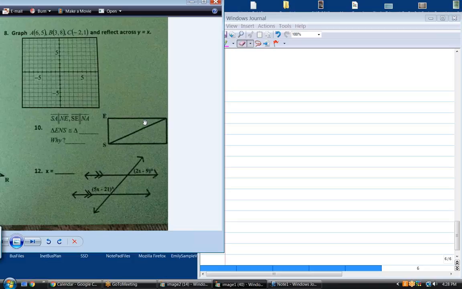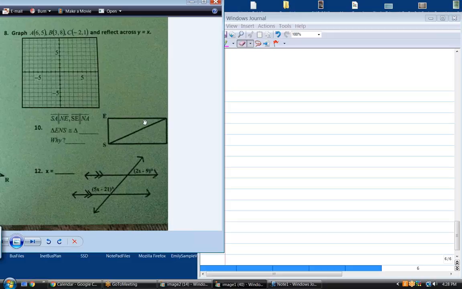That's the one they're asking about, but they're saying that is congruent to which other angle? That is congruent to the other side. Can you name it?